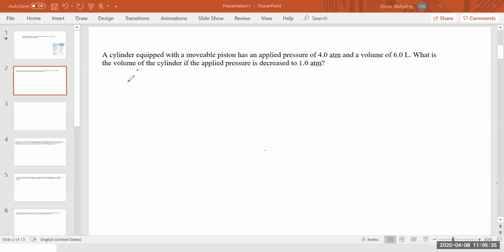What is the volume of the cylinder if the applied pressure is decreased to 1 atmosphere?